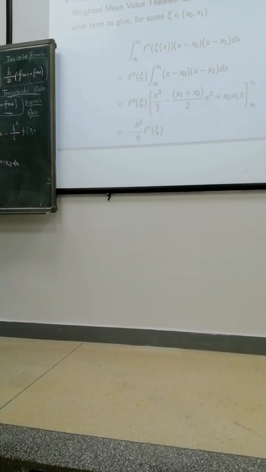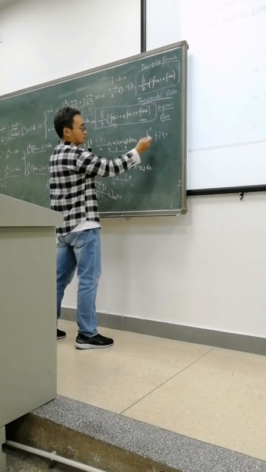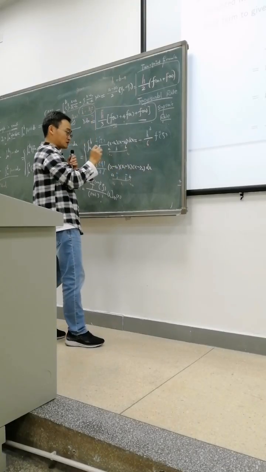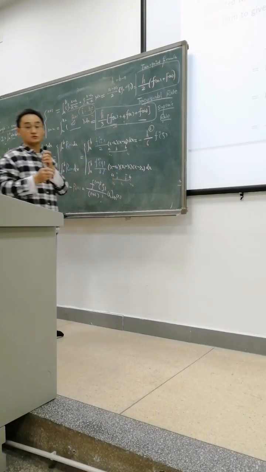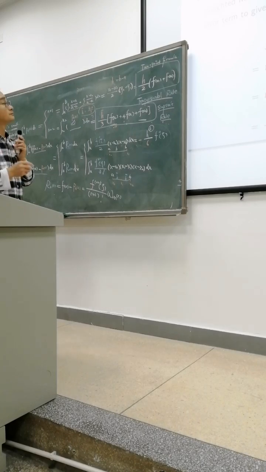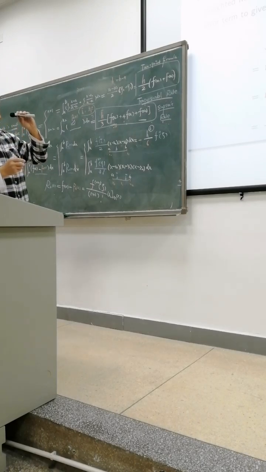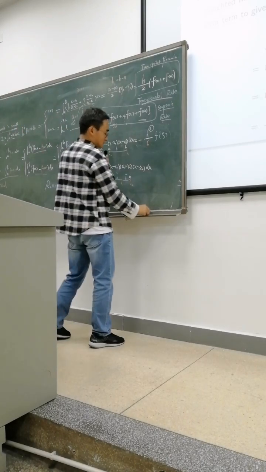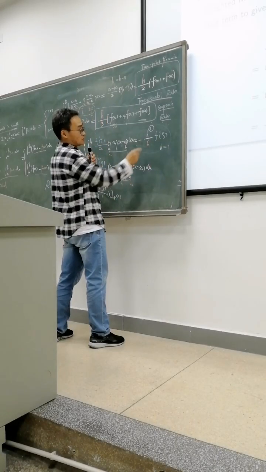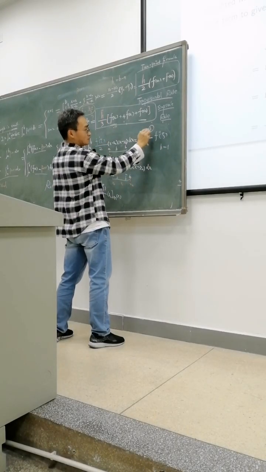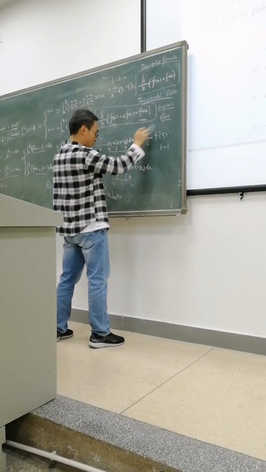So if this h is very small, the residue is small, but the order is 3. The order is 3, right? This is the order. So first, if I take h equals to 1, the residue term is h to the power 3.